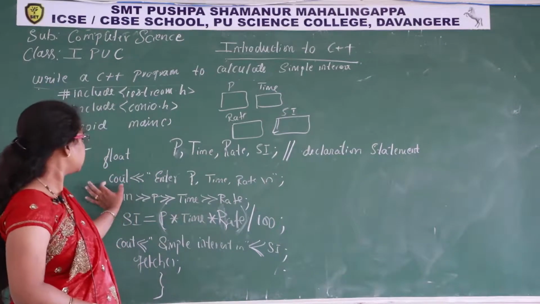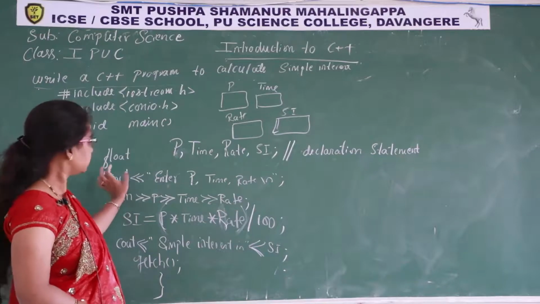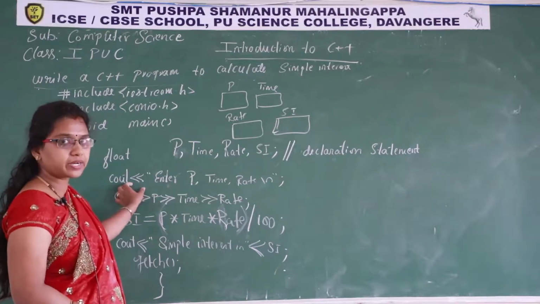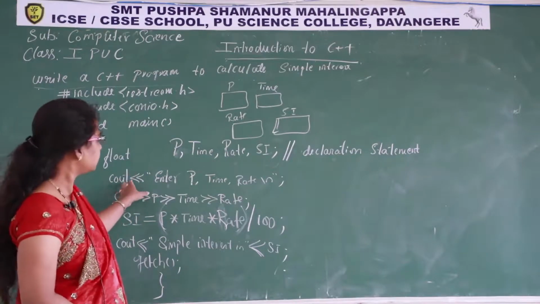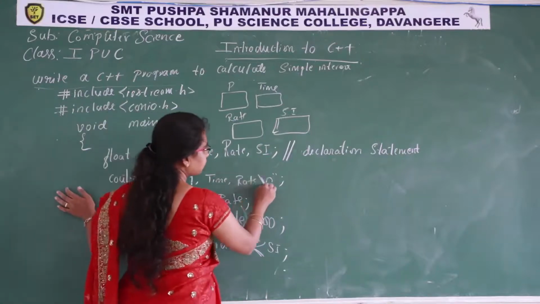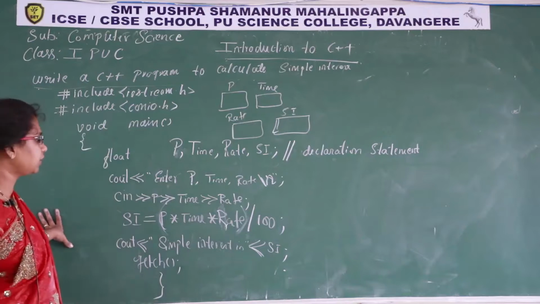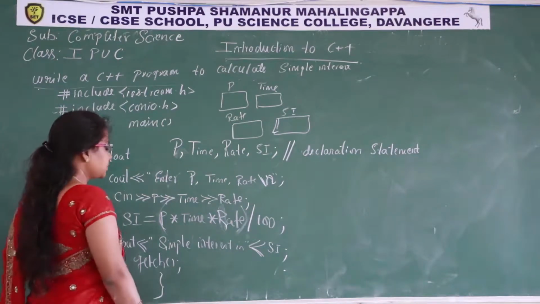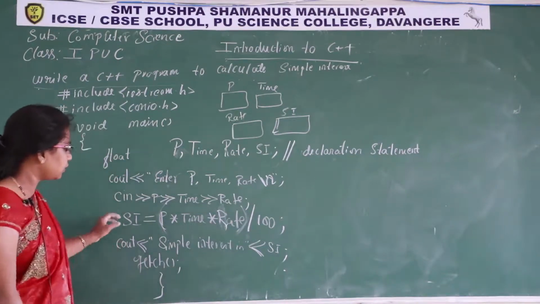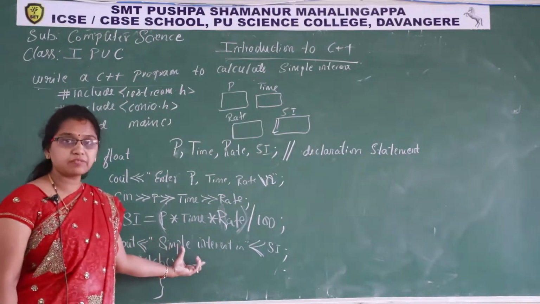Then the output statement, cout insertion operator that we discussed, and escape sequences. One of the escape sequences I used here is \n within double quotes. If you want to display a statement, it goes within double quotes.